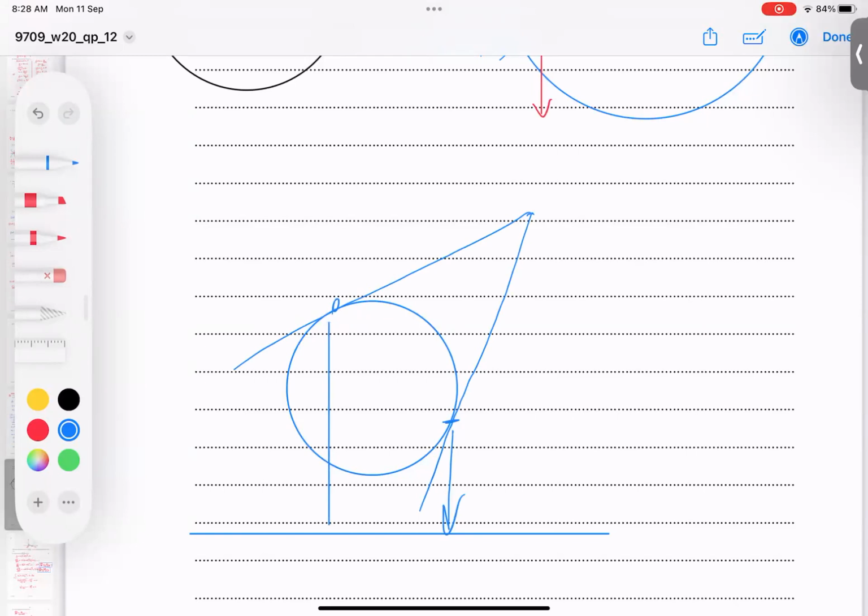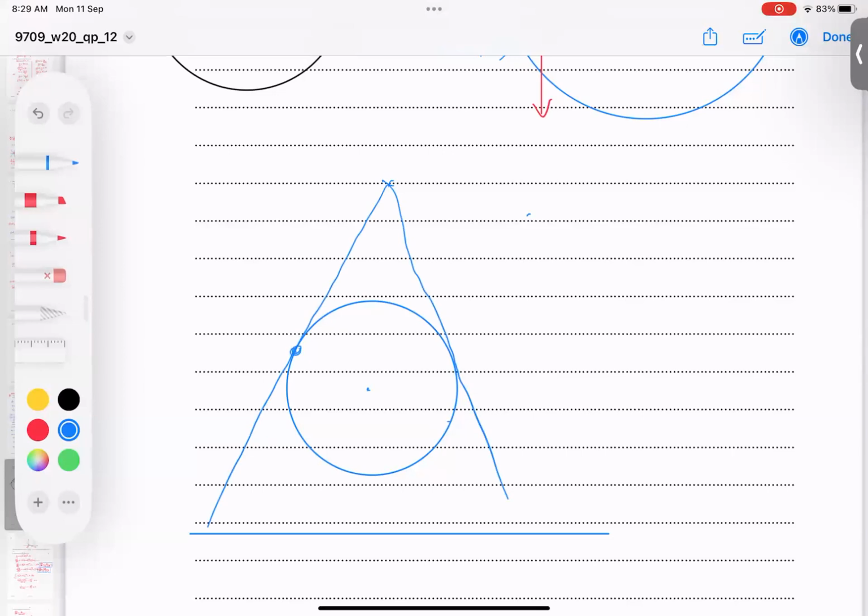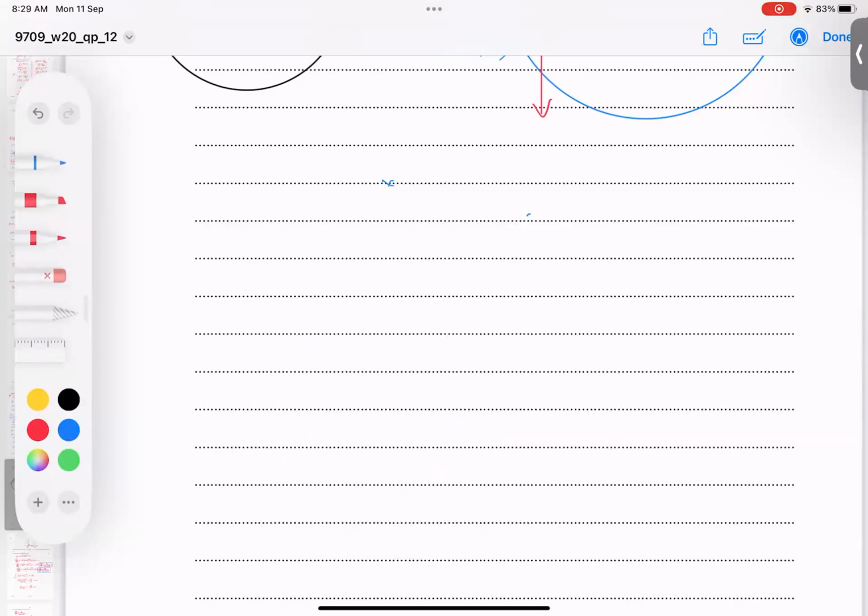But if the point is exactly on the top, like this, and I make two tangents like this, then the y height and y height are exactly the same. This is the point I want to discuss with you. So the point is clear.